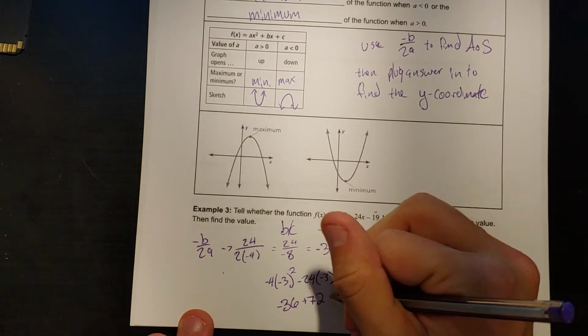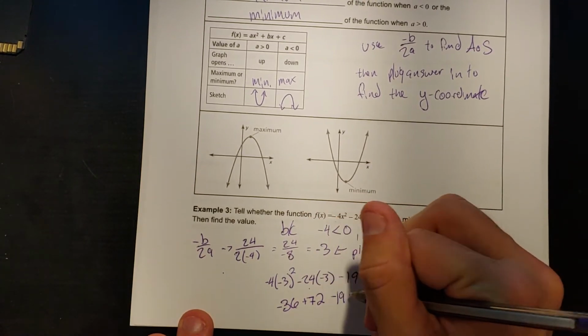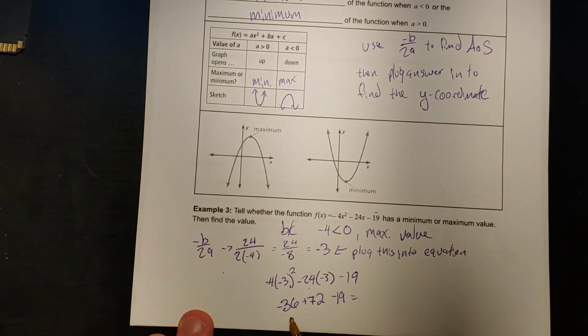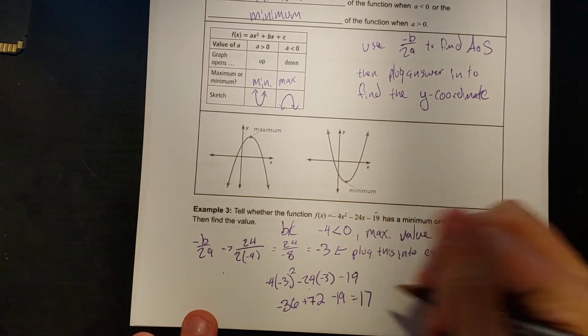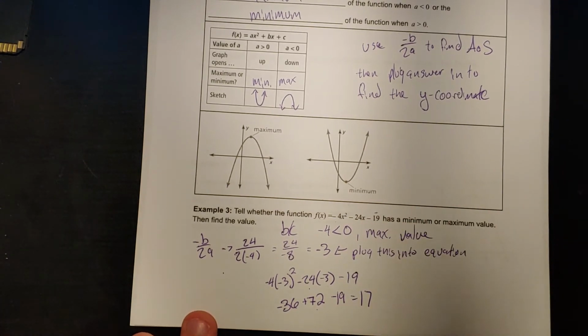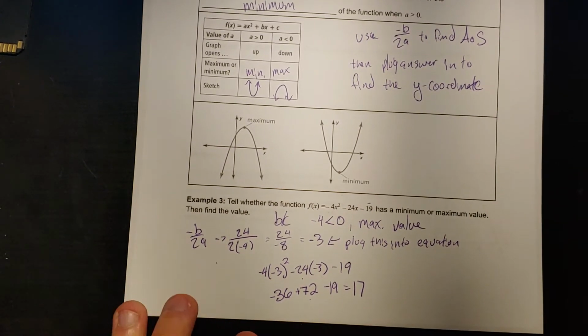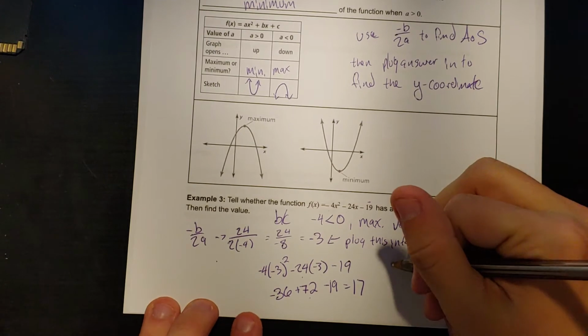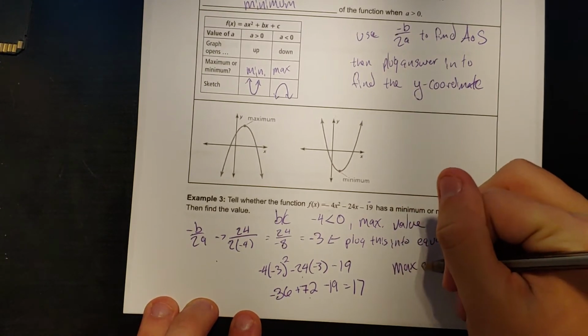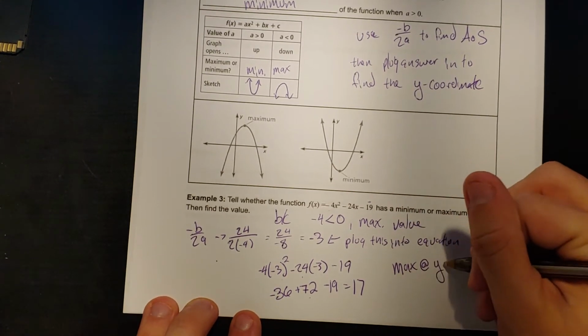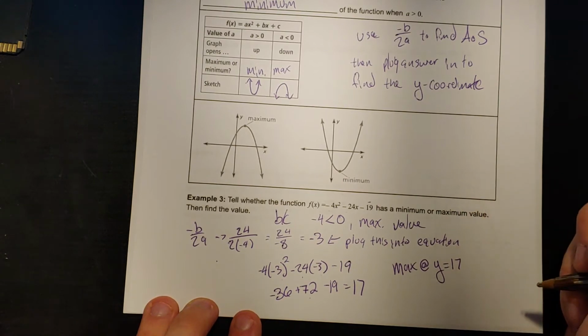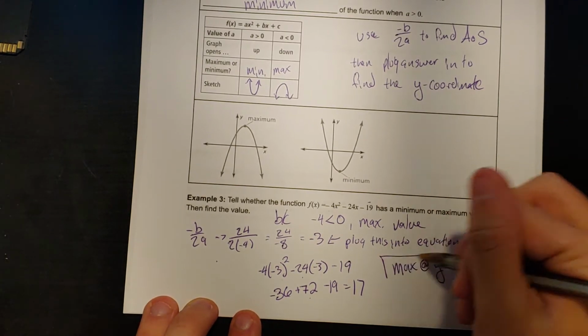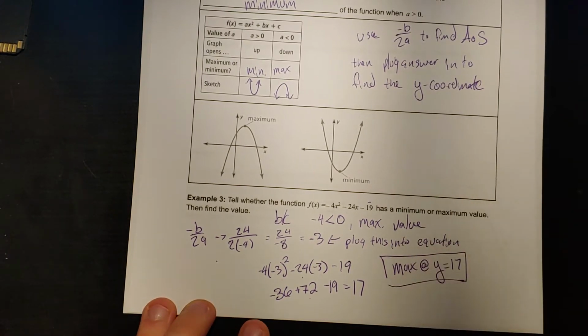And then minus 19 stays the same. So negative 36 plus 72 is positive 36. 36 minus 19 gives me 17. So I'm just going to put all this together and package it in an easier to understand way. So we have a max at y equals 17. And that's it. That's our answer.